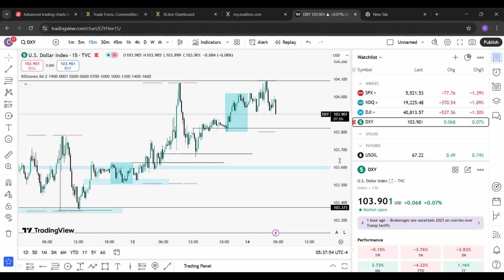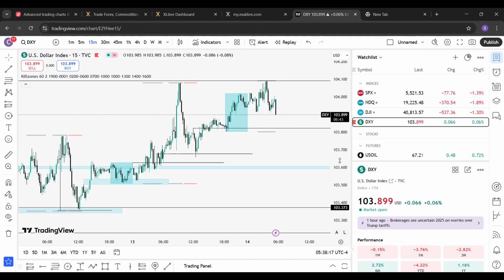Directional bias is much more important than just identifying a run on highs or run on lows. Number two, we said if price trades to the high, it doesn't have to sweep the high. Price can trade to the high, create a displacement lower, and return into internal range. So we sell at the high or above the high.